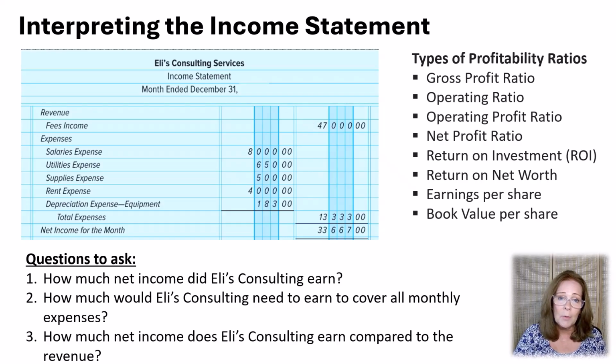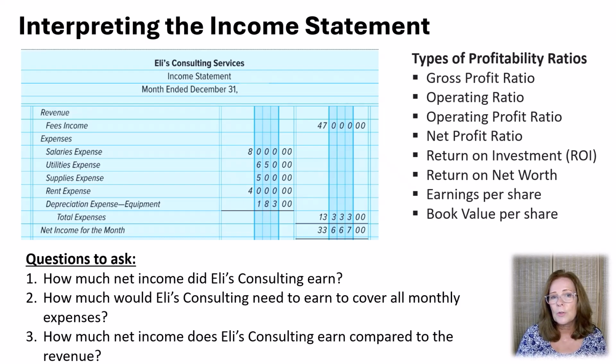Or to say that another way, for every dollar that Eli's Consulting earned from customers, 72 cents was left after paying expenses. What were some of the largest expenses of the business? Salaries and rent expenses. Combined, those expenses are $12,000 and represent 90% of all expenses.